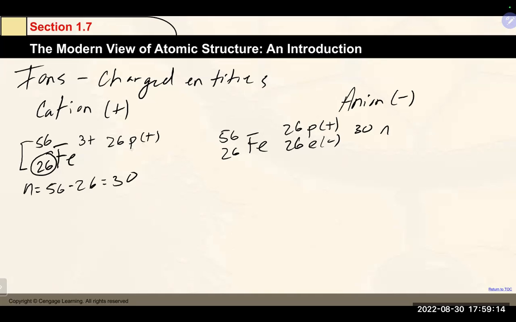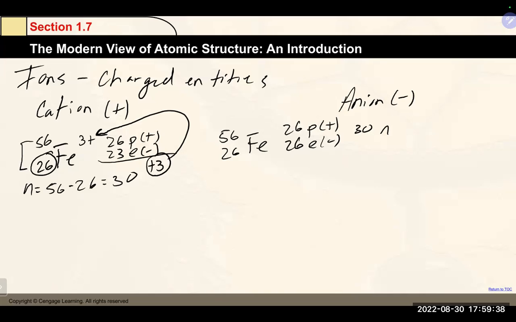How many electrons would it have? It would have 23 electrons, right? 23 negative things, 26 positive things, leaves us a +3 left over. And again, that is where the charge comes from in this particular case. It is the number of electrons.